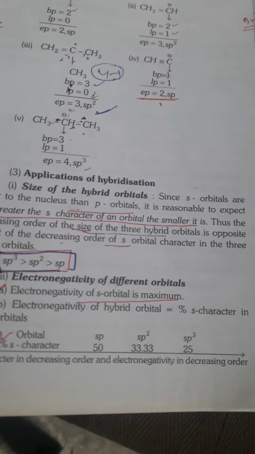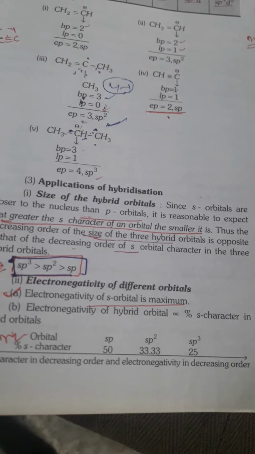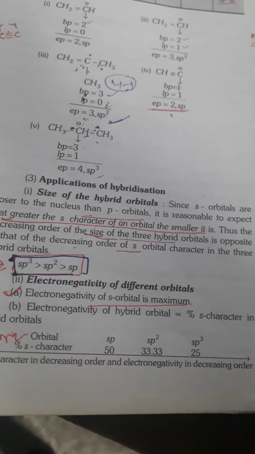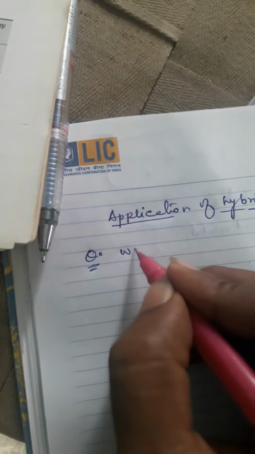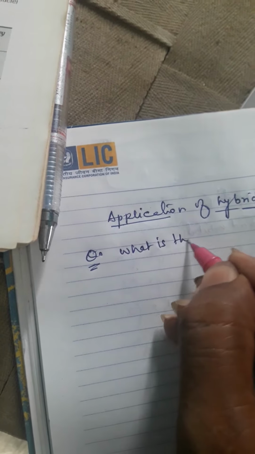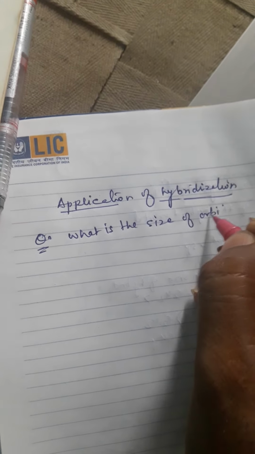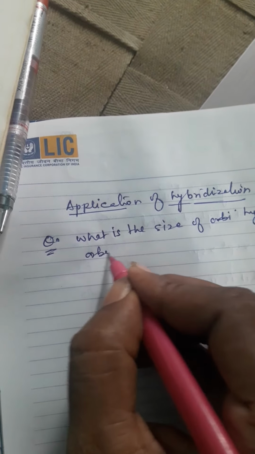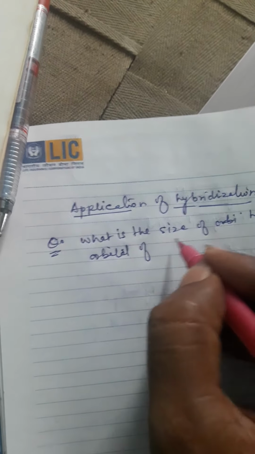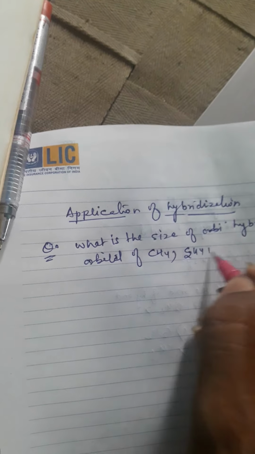First of all, from hybridization you can calculate the size of hybrid orbital. So a question arises: what is the size of hybrid orbital of, suppose three molecules are given, methane, C2H4 and acetylene.